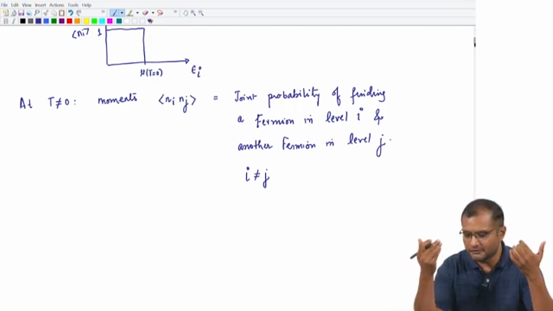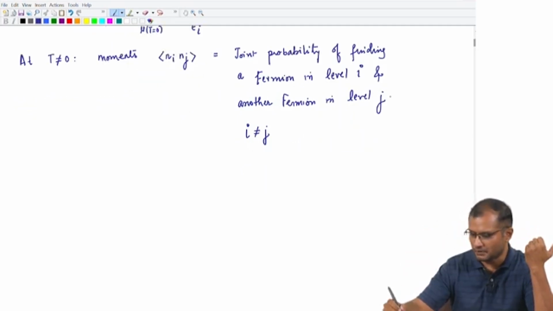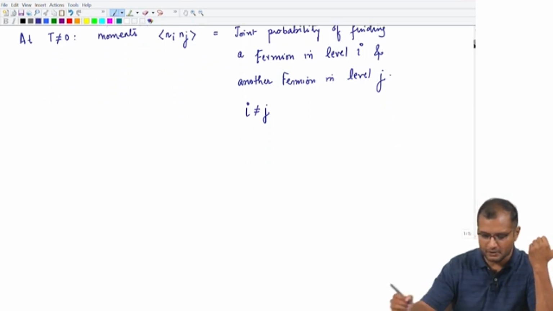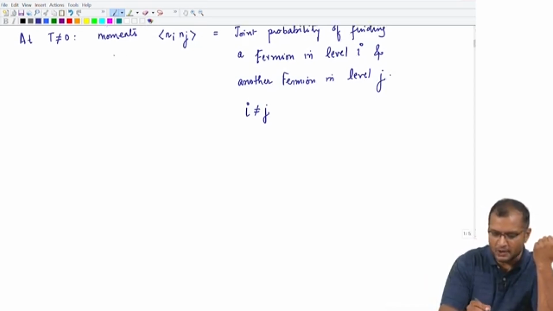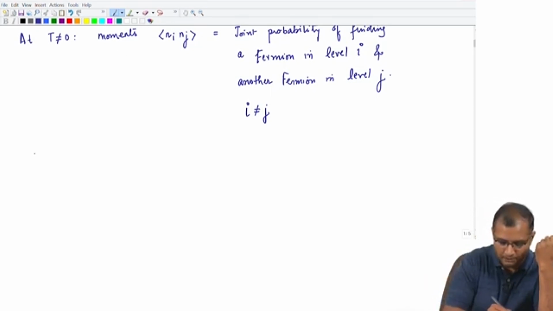Okay. They give us some physical picture of something of some importance. Okay. So, immediately I know that the joint moment is important, and so we would like to compute that. So, let us compute this joint moment. Okay.